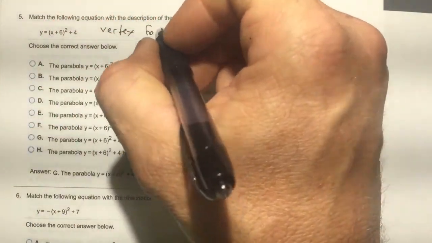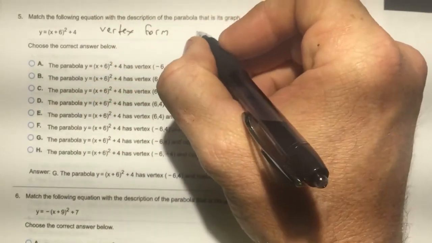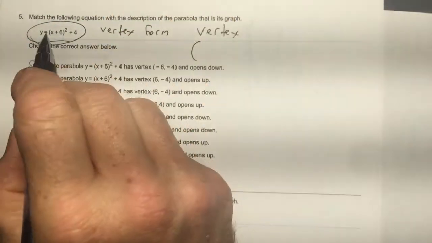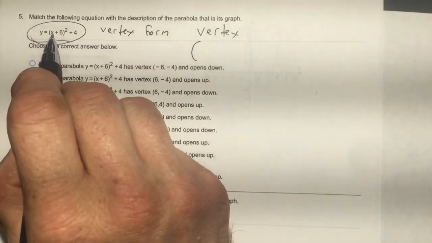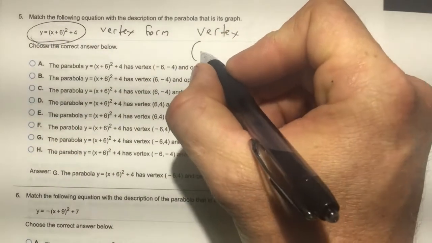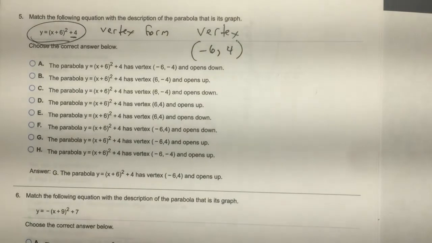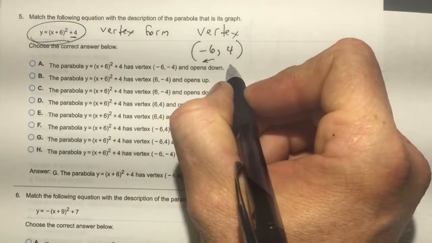But the main thing to know is when it's in vertex form like this, you should be able to determine the vertex. So here's my vertex for this equation right here. So right there where it says x plus 6, this is sort of like the circles. That means my x is negative 6. And then right there is my y, 4. This is my vertex, which means it goes to the left 6 and it goes up 4.